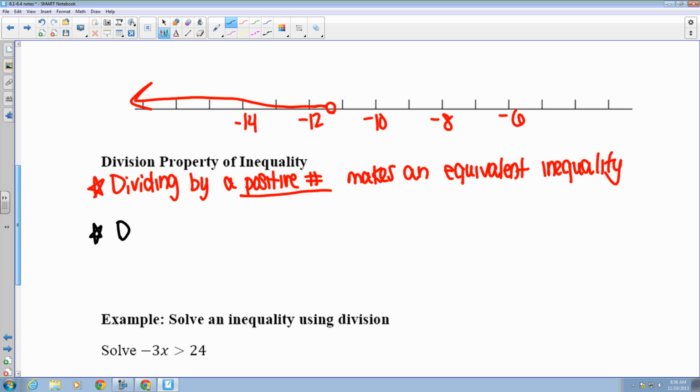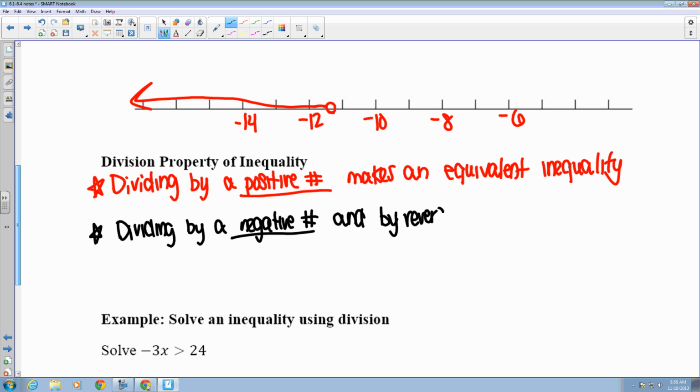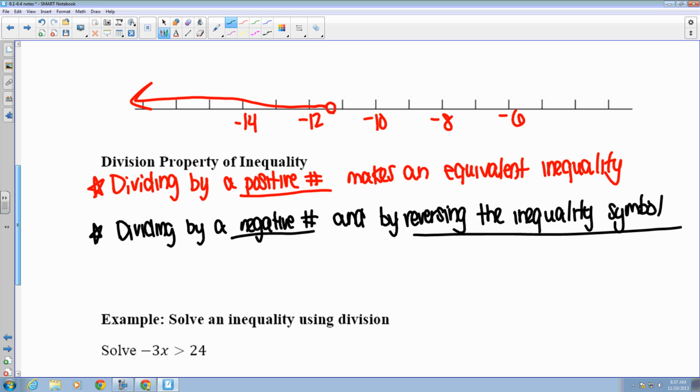Alternately, dividing by a negative number and by reversing the inequality symbol, and we have an equivalent inequality.